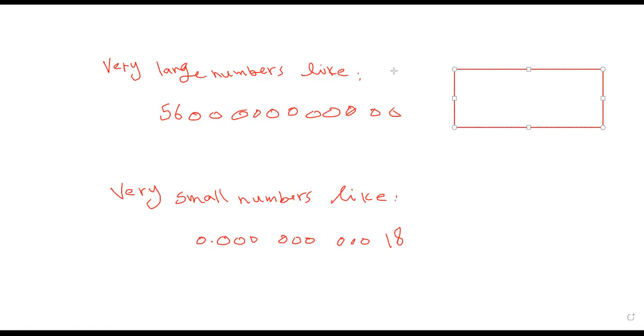So here, you write A times 10 power n, okay? And n is an integer, and A is greater than or equal to 1 and less than 10.